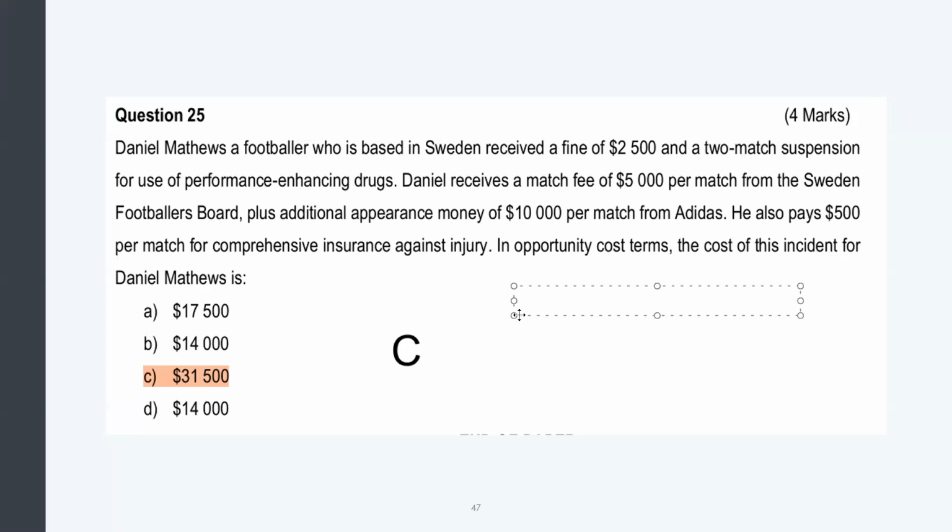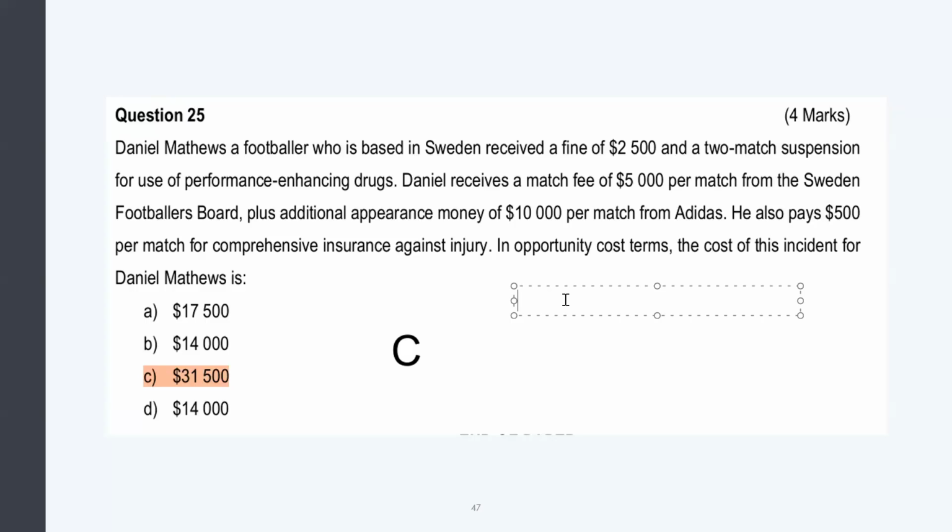The certain thing that happens is there is a match suspension, which means that if Daniel did not make the decision, he would have played the matches, right? But Daniel made the decision, therefore, he is not going to play the matches, right? So if Daniel had not made the decision, he would have played the what? The matches. And if he had played the matches, what would have happened to Daniel, right?